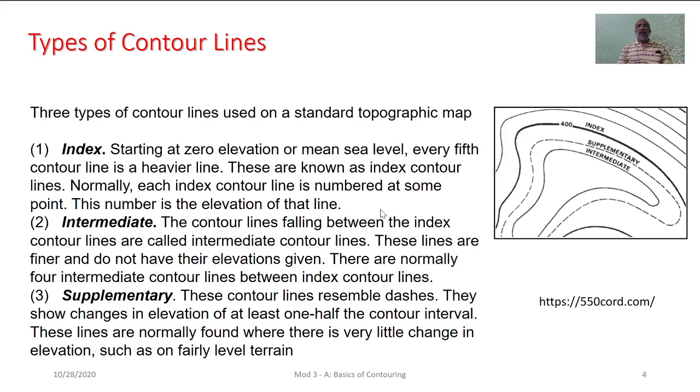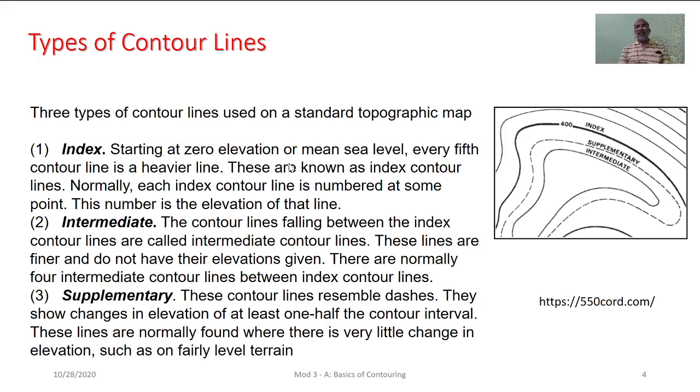Now, the contour line itself can be classified in three types. The first one is index contour. If we are dealing with the elevation of the mean sea level, it will be treated as 0, and with respect to that, every fifth contour line will be a thick line presenting the contour.